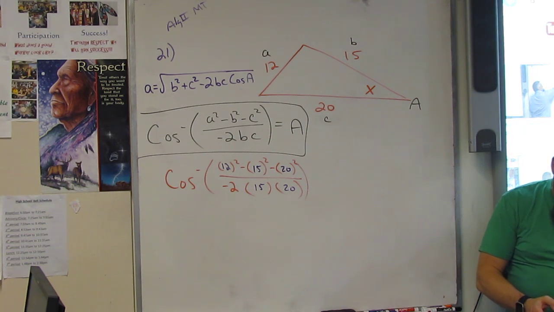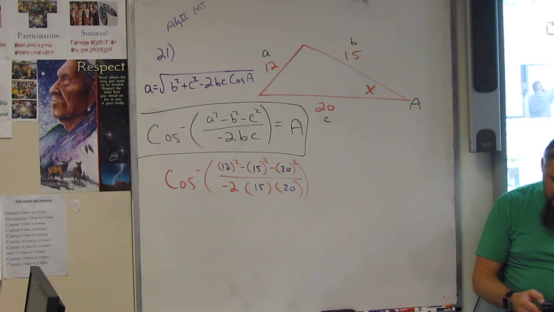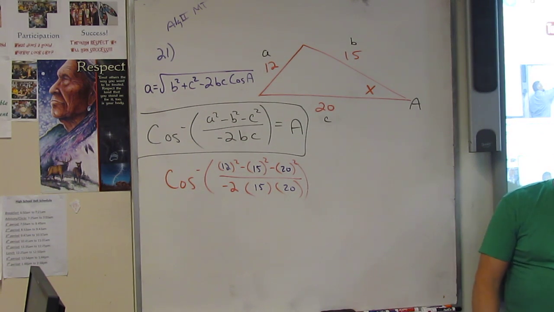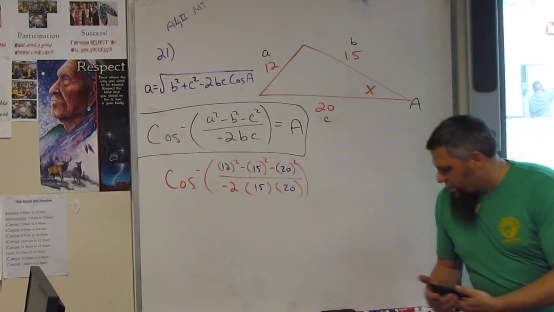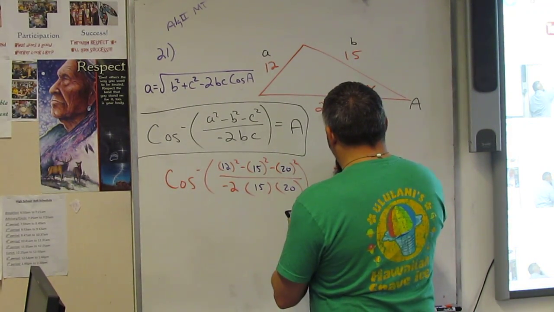So I go 12 squared, because I have a square button, minus 15 squared, minus 20 squared, and hit equals. And I got negative 481. So that's negative 481.